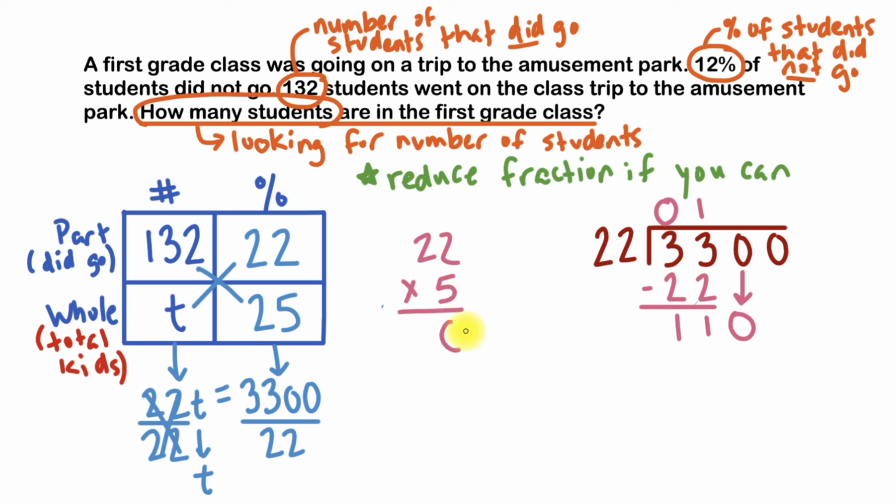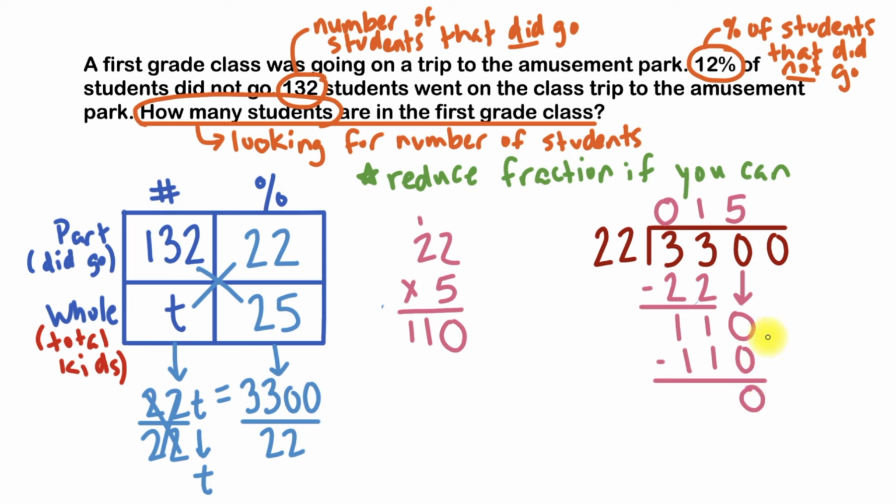I'll bring down the 0 and carry the 1. 5 times 2 is 10, plus this 1 is 11. Well, that is awesome. We actually ended up with exactly what we need. So we're going to put 5 on top of the 0, and then write down 110 right here. When we subtract that, we get 0, which is exactly what we need.